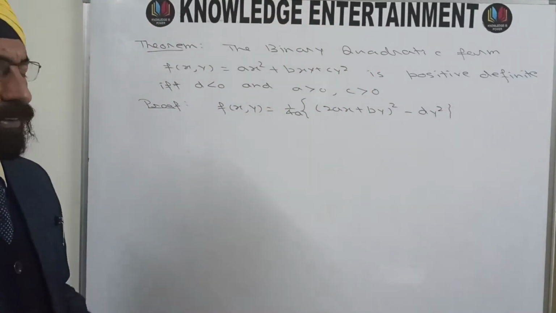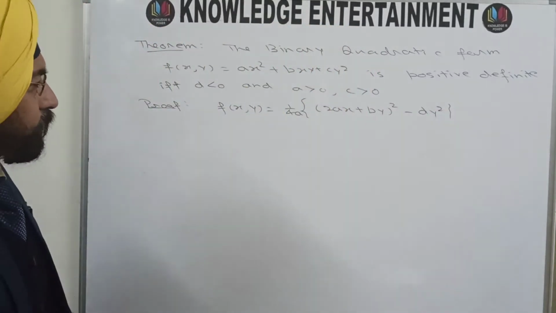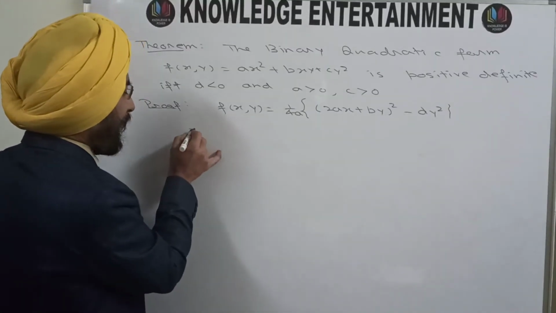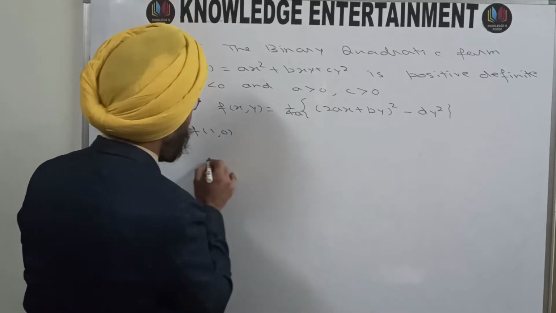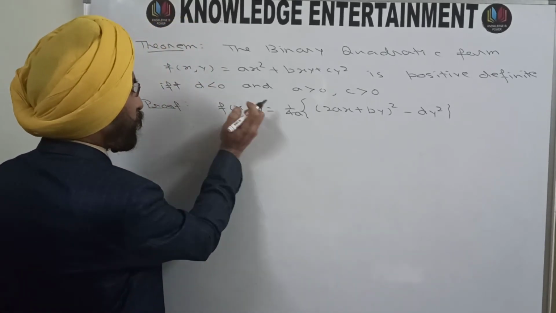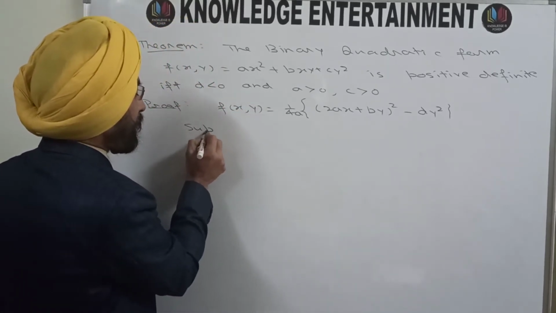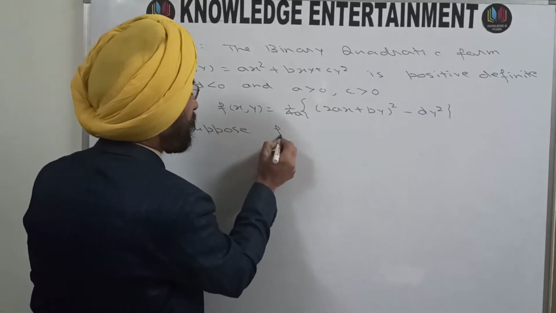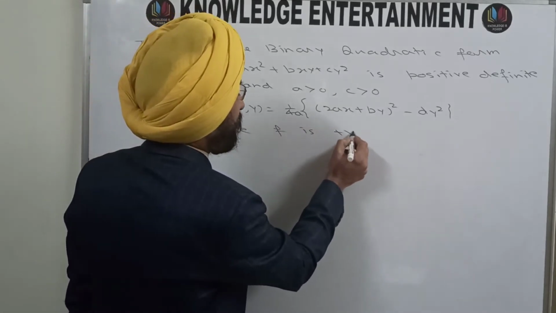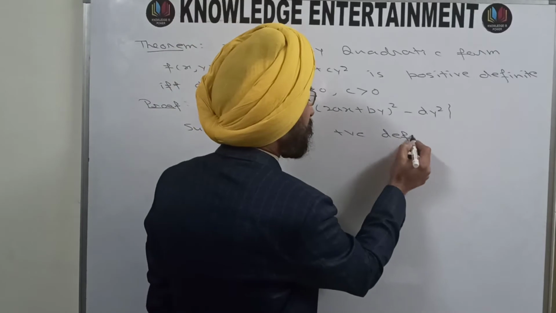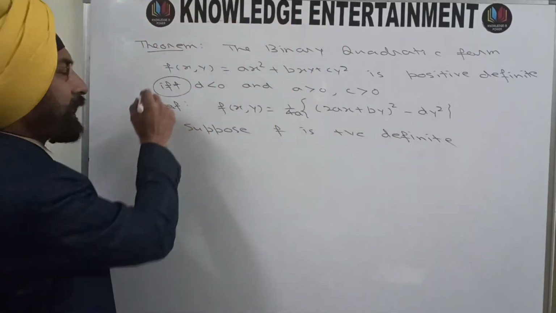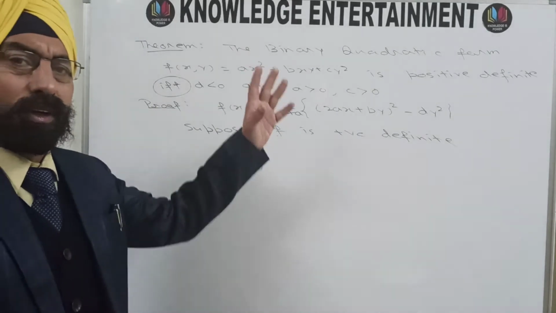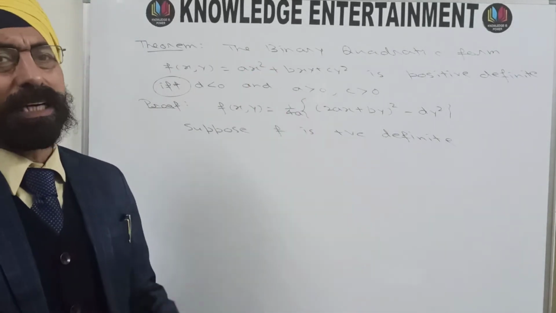You can write your f(x,y) in this form. Now, what is your f(1,0), and suppose f is positive definite, because in this theorem we have if and only if, that means we have to prove the straight proof and also the converse part.